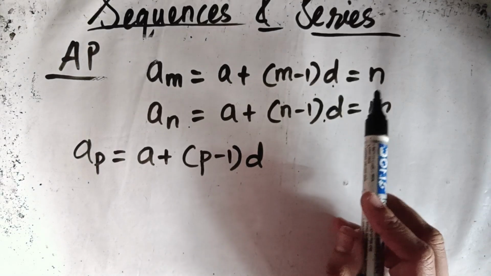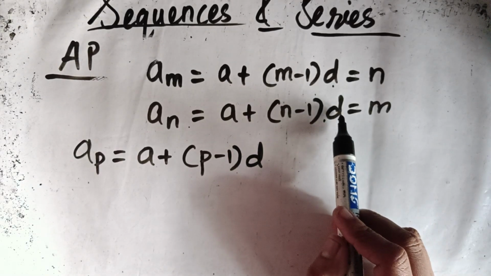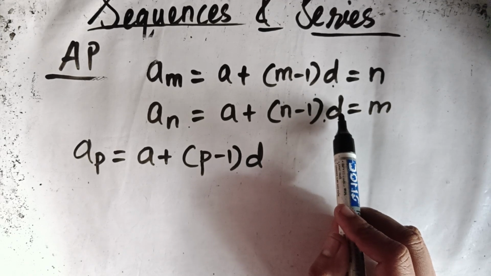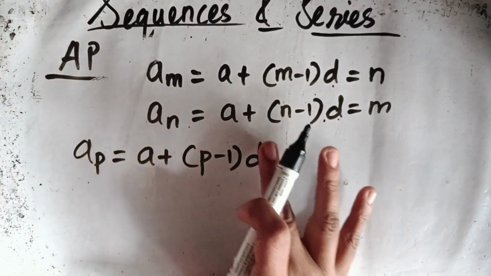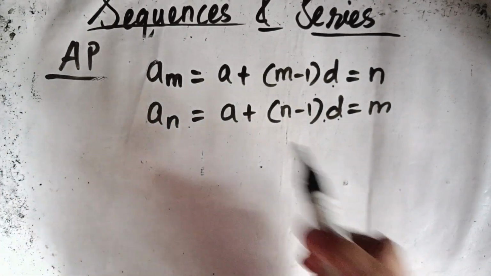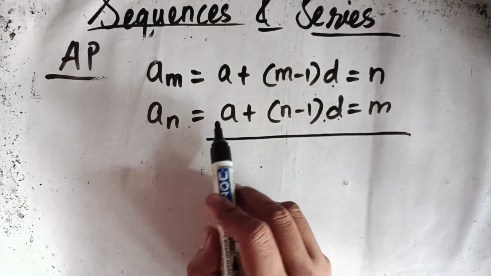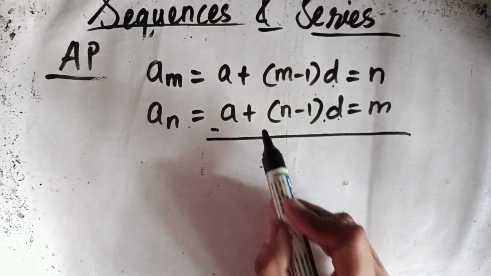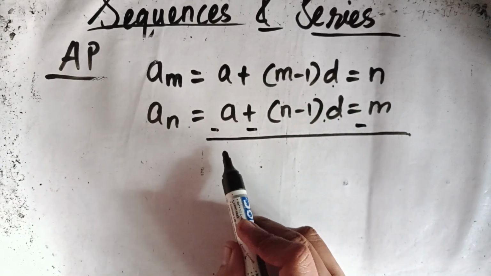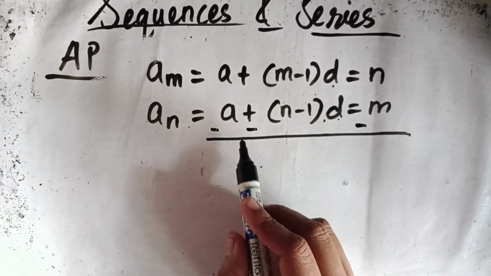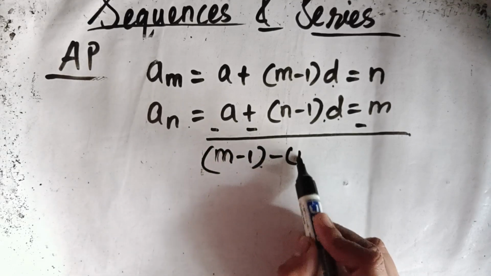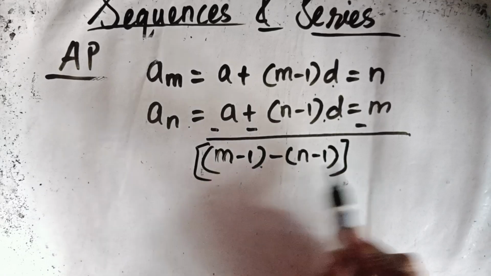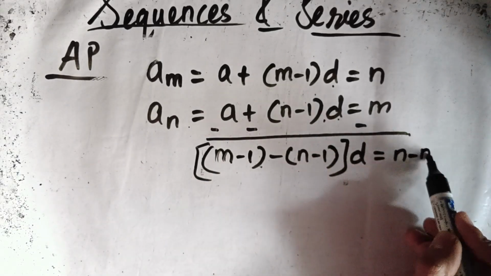Using these two, you have to find d. Okay. So if I take these two, if I subtract them, the a and a get separated. (m minus 1) minus (n minus 1) into d equal to n minus m.